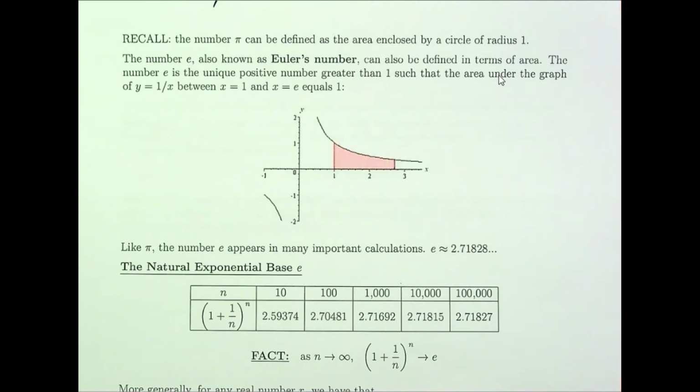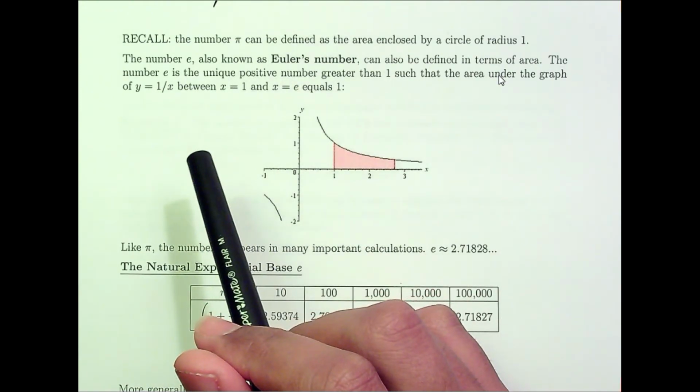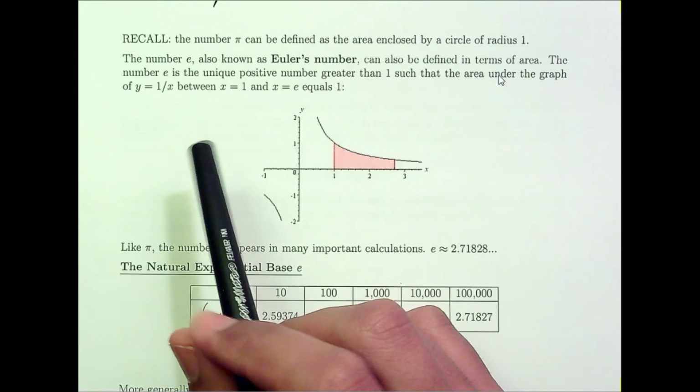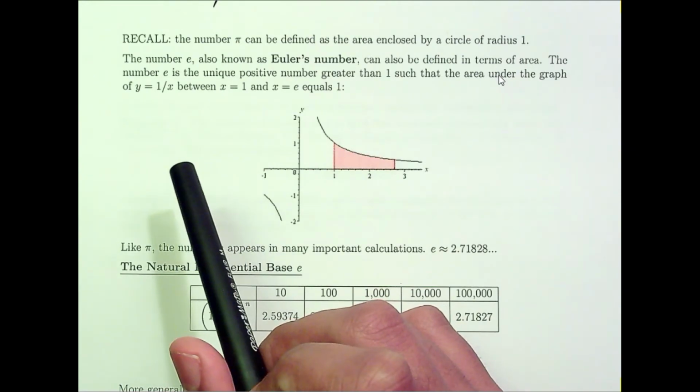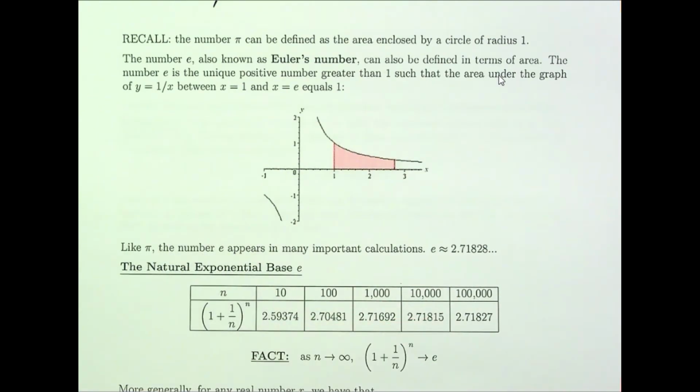There's another number, again, that is called e, that could also be defined in terms of area. It is not the most intuitive definition, but you could define it many different ways, and the two ways that are easy to understand for college algebra, one of them is in terms of area.